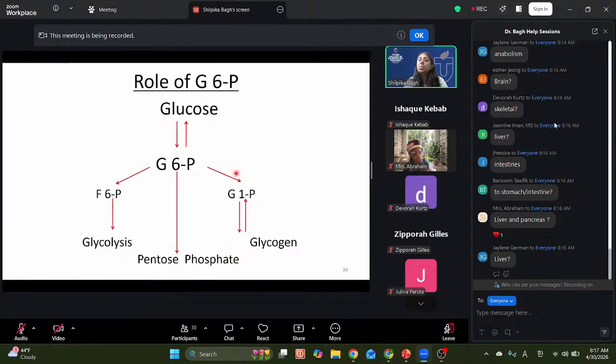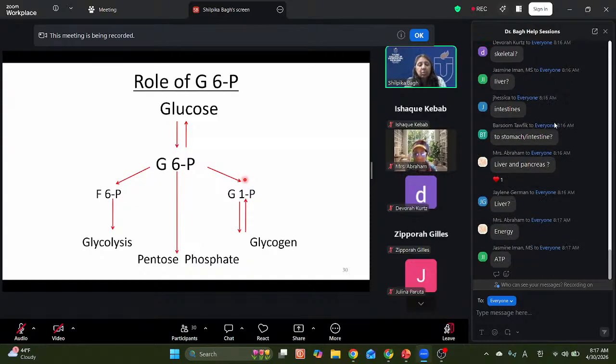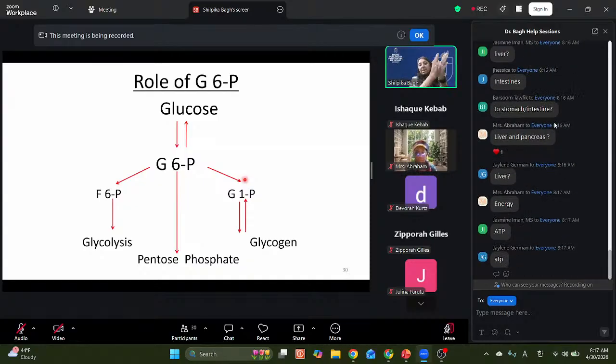When glucose is pushed inside in a well-fed state, it's turned on for utilization to give you what? ATP. Once you have good insulin, good ATP, then you will do storage.